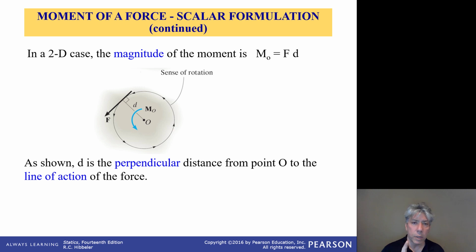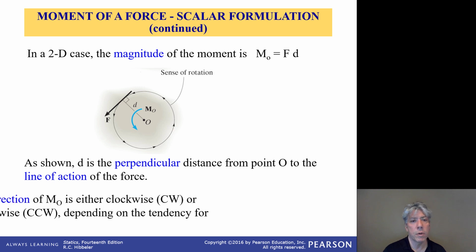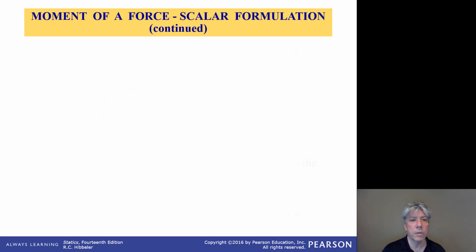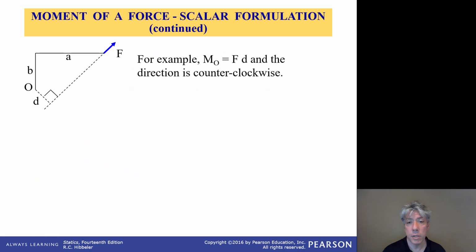One important point about the distance from the center of rotation to the line of action of the force is that it needs to be a perpendicular distance out to the line of action of the force. It's a really important point. The distance, the moment arm, always has to be perpendicular to the force. So either we're going to end up with a clockwise or counterclockwise moment in the case of a two-dimensional moment loading situation.